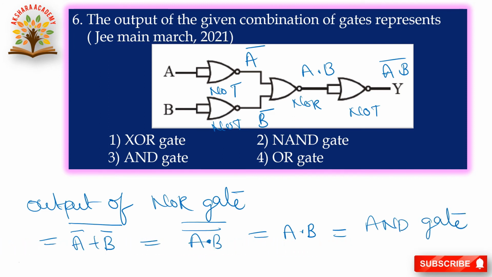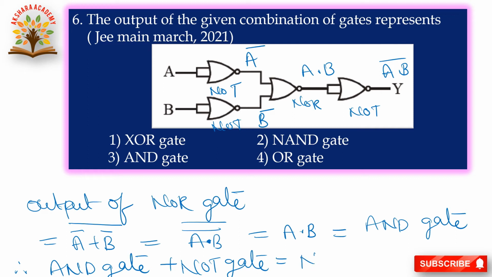So therefore AND gate plus NOT gate is equal to NAND gate. AND plus NOT becomes NAND gate. Okay, next we will go to the next question.